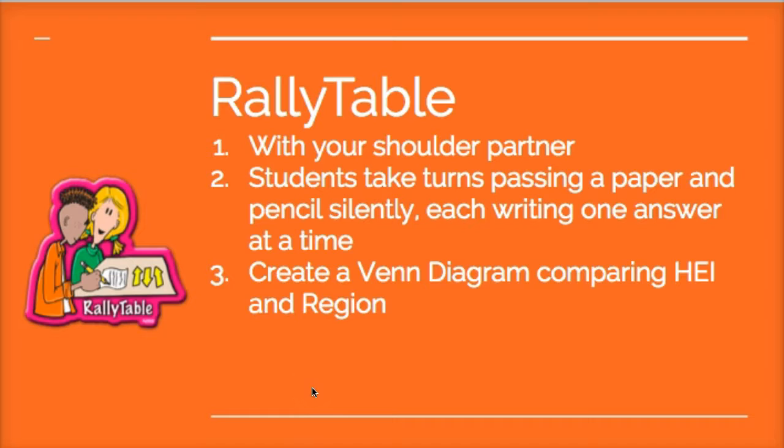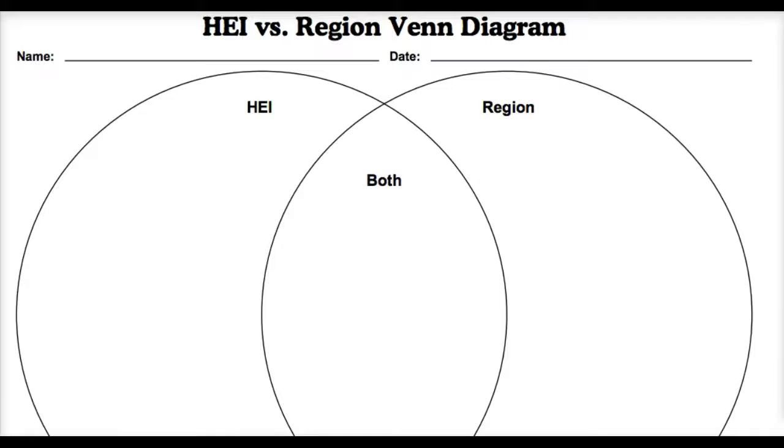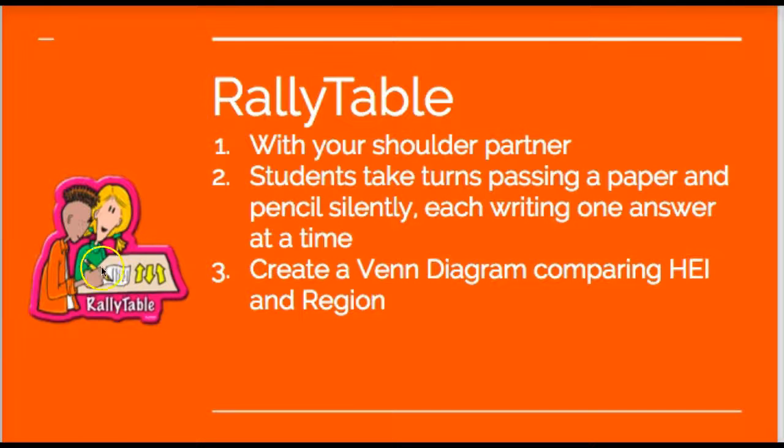All right, with your shoulder partner, you guys are going to take turns to do a rally table, and you're going to use this sheet, this Venn diagram. You should only have one per each shoulder partner pair. So each table would have 2 pieces of paper because each pair gets 1. And what you're going to do with that in a rally table is notice in the picture that there is 1 piece of paper and 1 pencil being used.